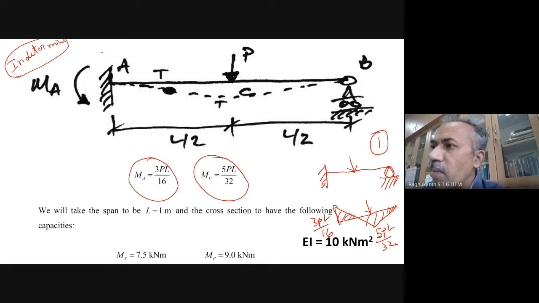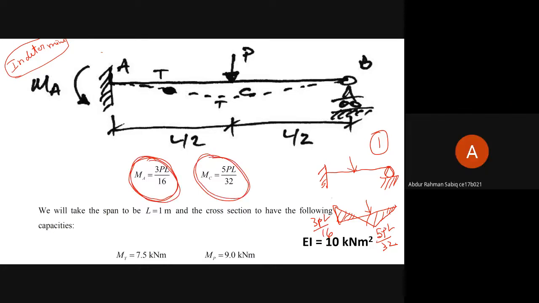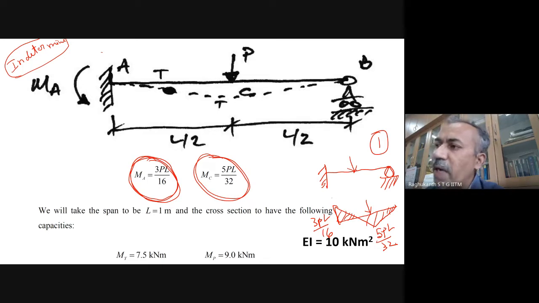So where will it be maximum for this bending moment? At A. So at the fixed end only, you will have the maximum bending moment.